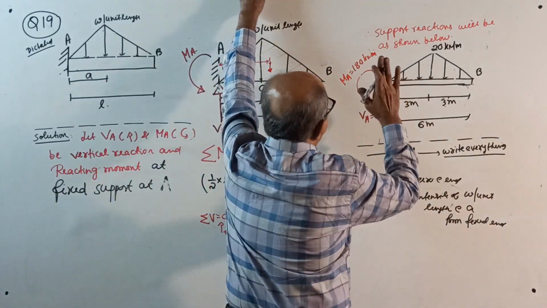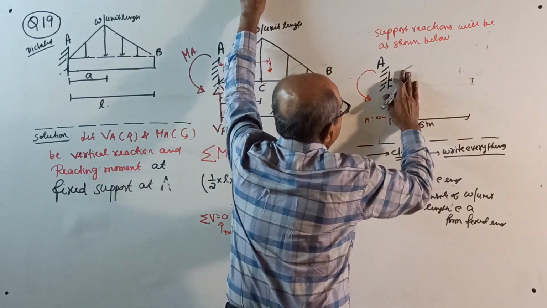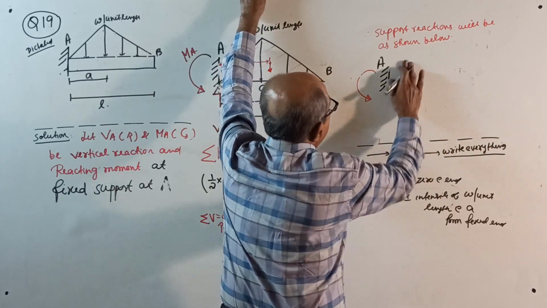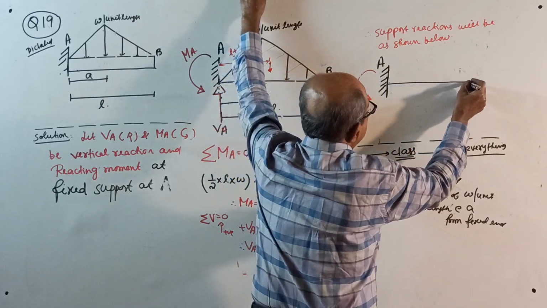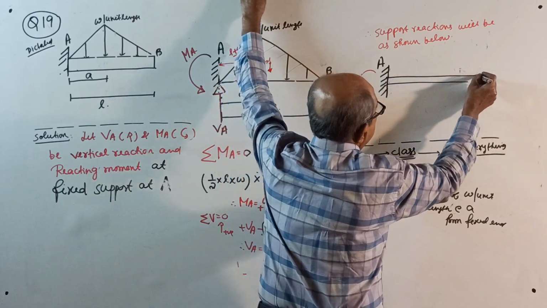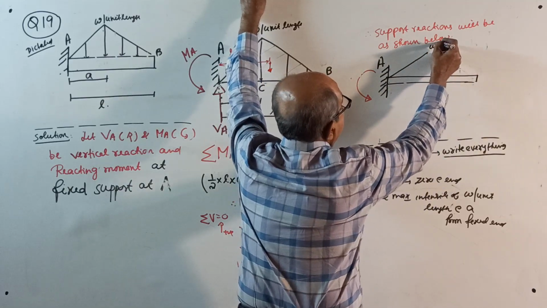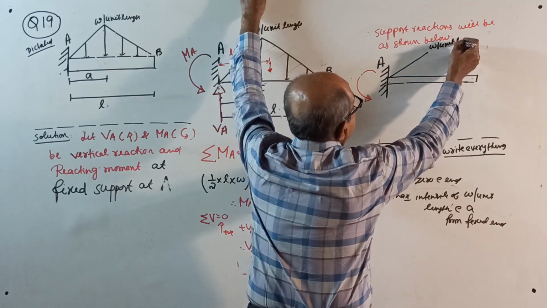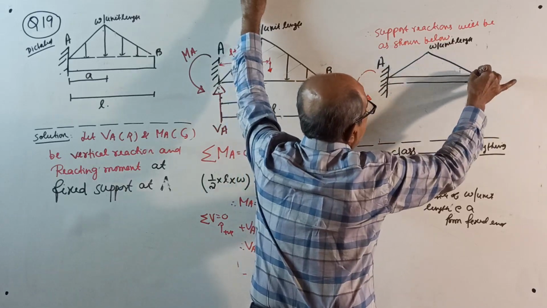Therefore, for a cantilever beam, I am taking fixed at the left end. If this type of beam, if the uniformly varying load goes this way, W per unit length, and then again decreases to 0 here.